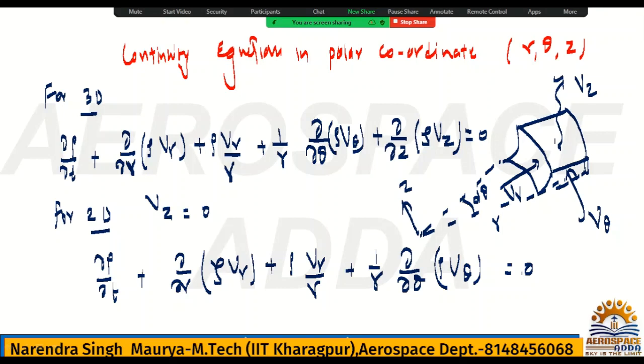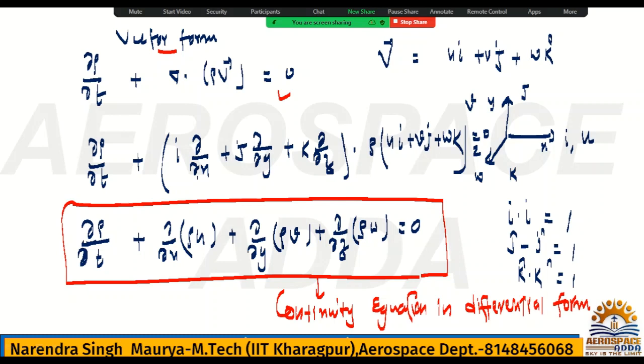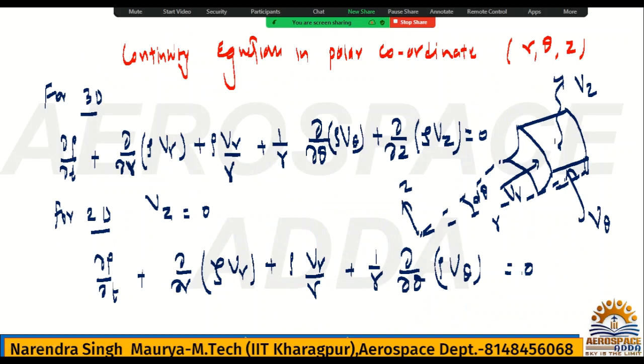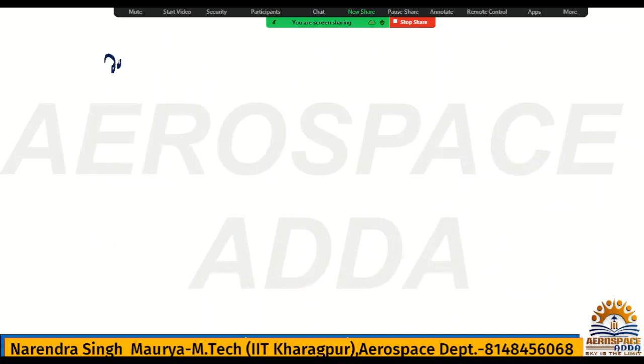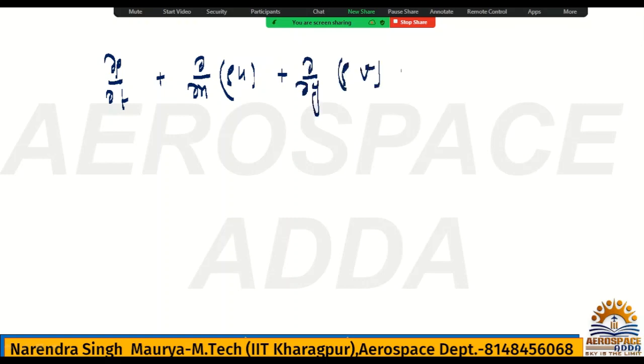Options like that will be given to you. So one thing I will show you. Any equation you can take. I'm just going to take the differential equation because it will be easy to understand. What is the differential equation? Check. Dou rho by dou t plus dou by dou x of rho u, plus dou by dou y of rho v. This is the equation. Okay.